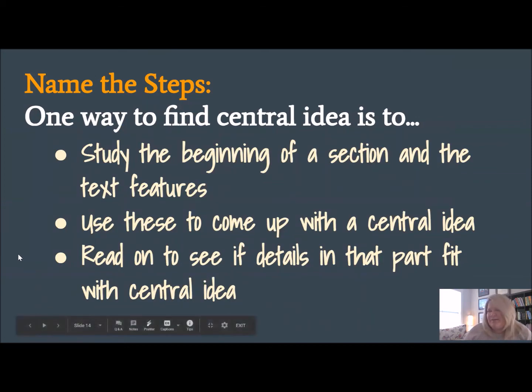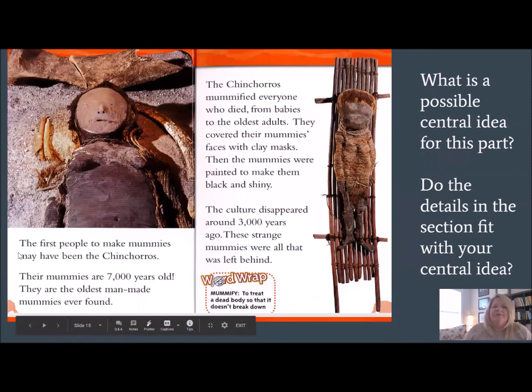Are you ready to try this work? So what I'd like you to do is read this section. And I want you to think, what is a possible central idea for this part? And do the details in this section fit with your central idea? And if they do, what are the specific details that are going with your central idea?